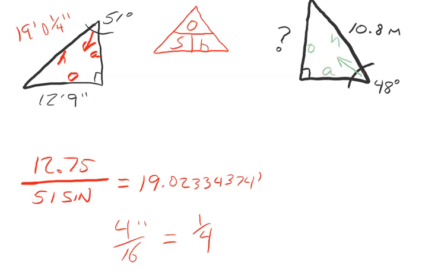Opposite and hypotenuse we need to use. So it's multiply because it's on the bottom, and it is angle multiplied by hypotenuse, right? So it's 48 sine times 10.8 equals, right?